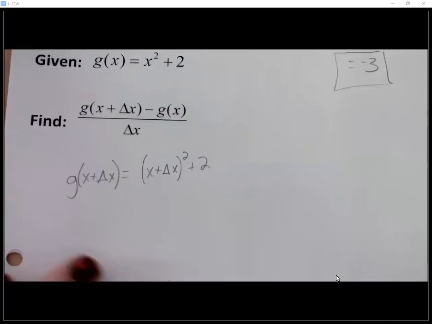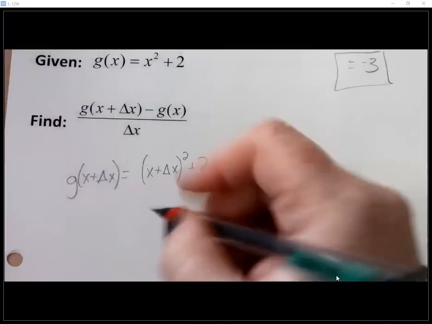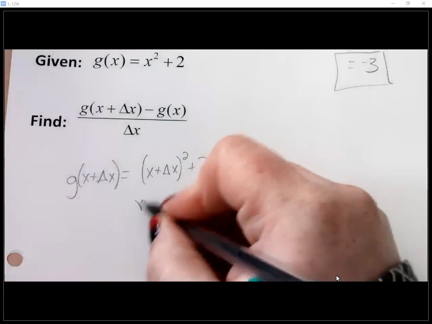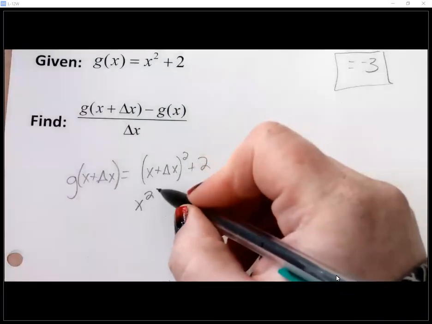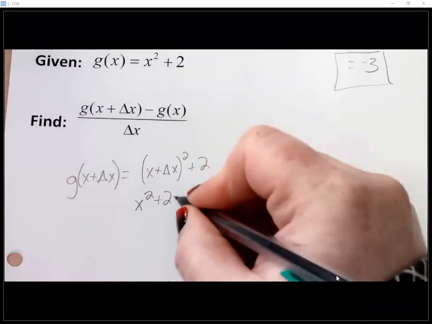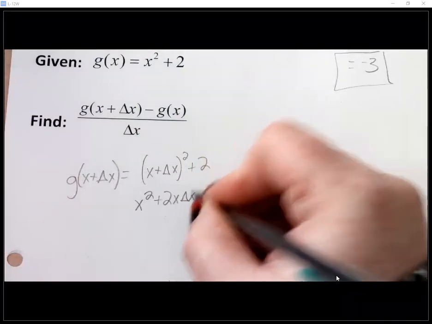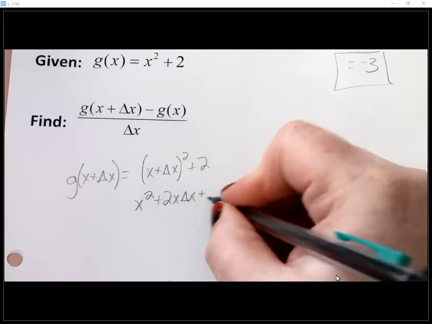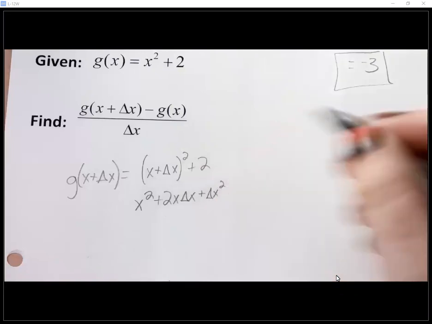Okay, let's go ahead and do that out. X squared plus 2 x delta x plus delta x squared plus 2.